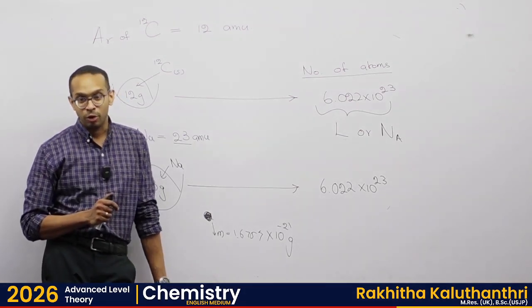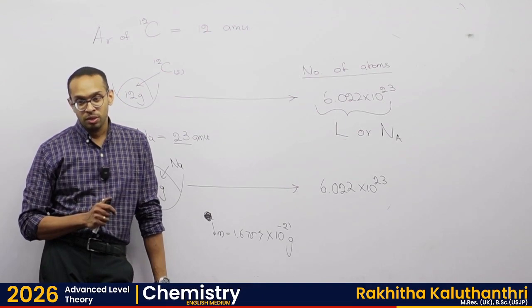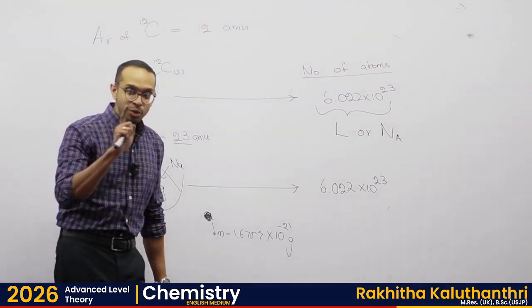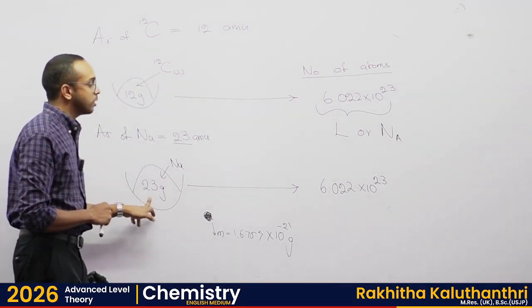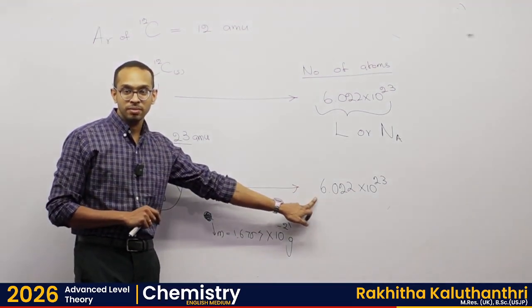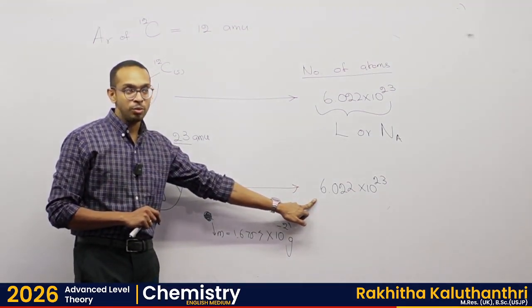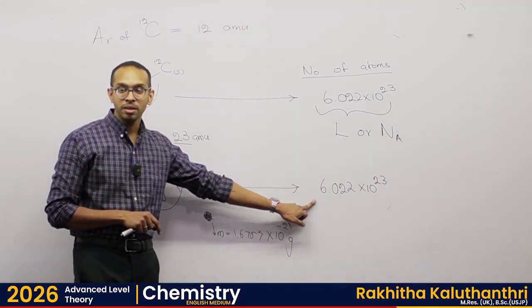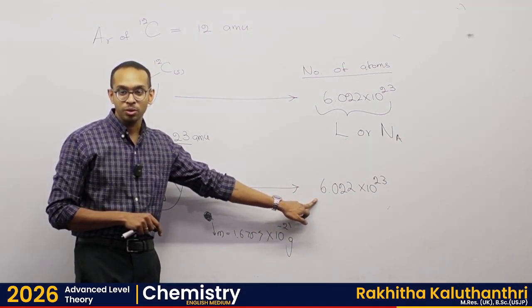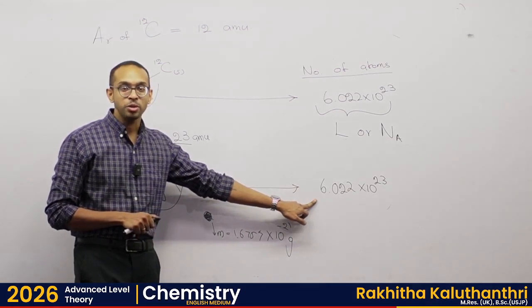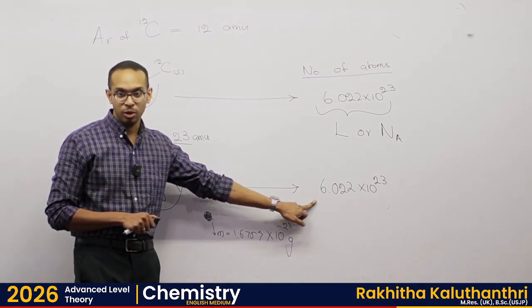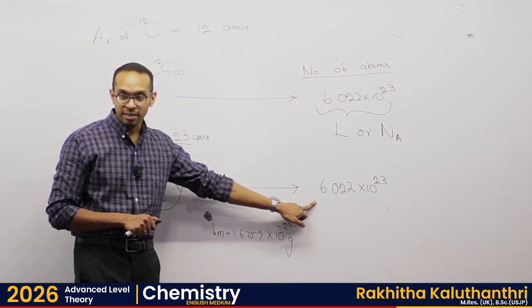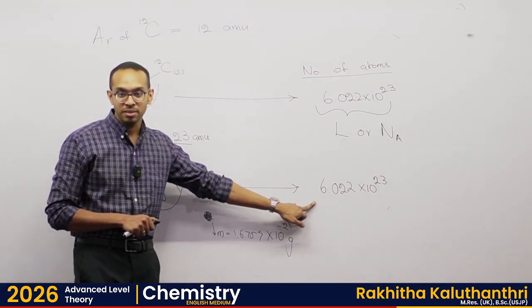Can you do the math? No. But now I tell you, in 23 grams of sodium, this many atoms are there. And then I tell you, I have given you 46 grams. How many atoms are there? This multiplied by 2. 12.044 into 10 to the power 23 atoms. You can do the math in your head, right? Do you understand the convenience factor here?